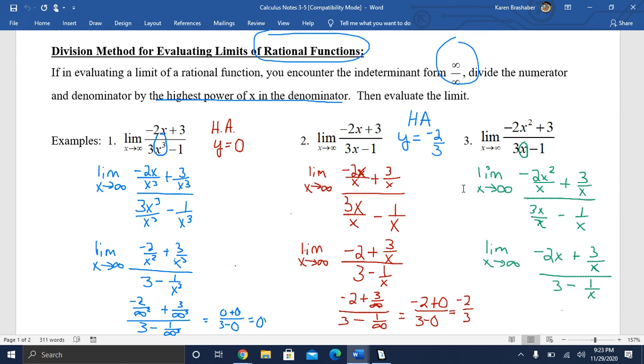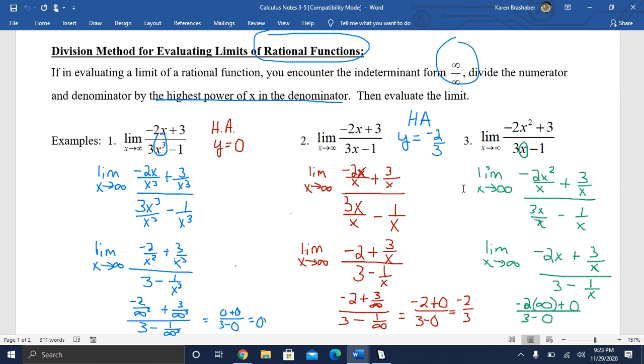So when I substitute in infinity this time, I get negative 2 times infinity plus 3 out of infinity, that would be 0. And then this is over 3 minus 1 out of infinity, and that would be 0.